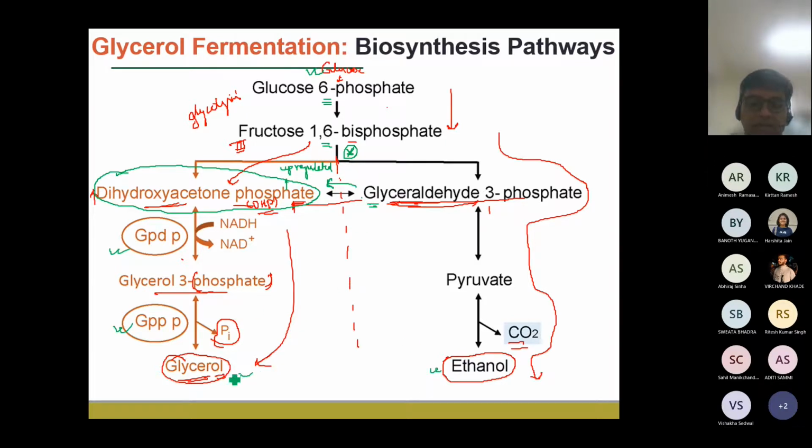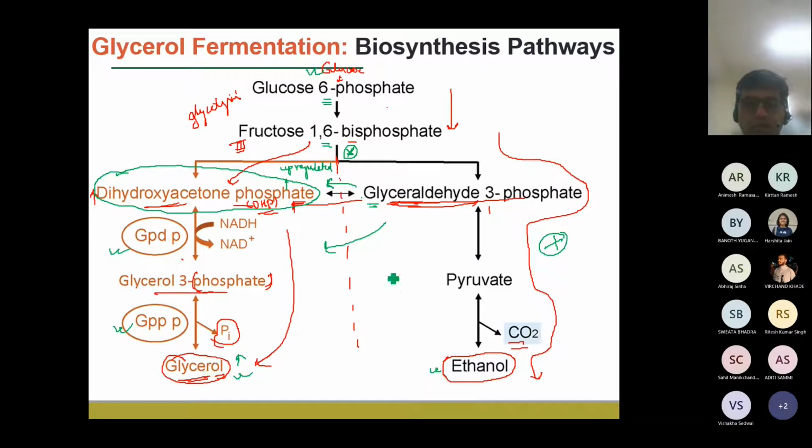If your target product is glycerol, then we have to make sure that this pathway is inhibited. Then whatever glyceraldehyde is there will be converted to DHP, dihydroxyacetone phosphate, and we will have more conversion of glucose to glycerol.